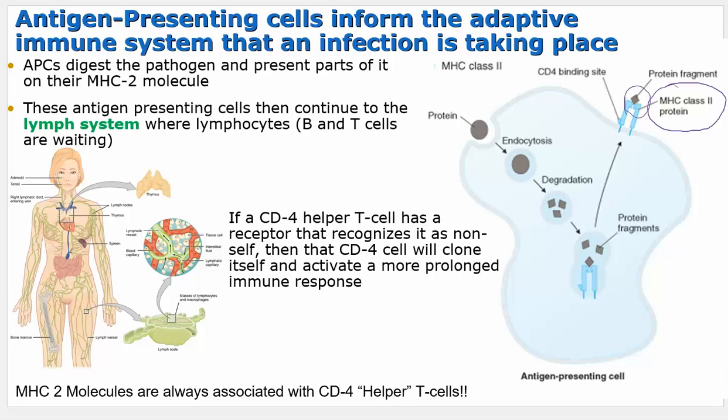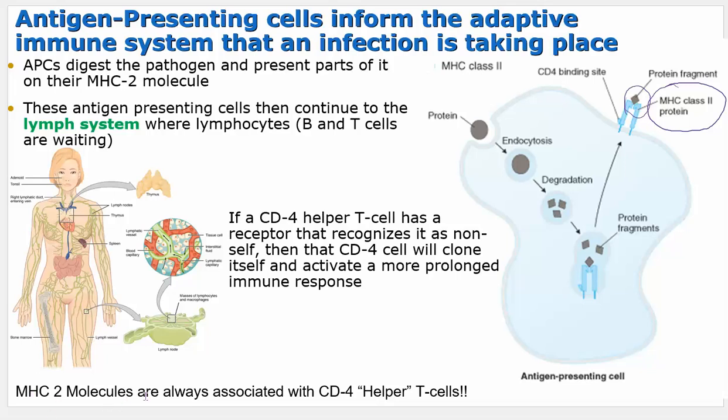It has a receptor that's been wandering around waiting for this to happen, and now it knows there's a pathogen out there. So it's going to clone itself, which means it's going to start dividing with that specific receptor, and it's going to send out signals to others.